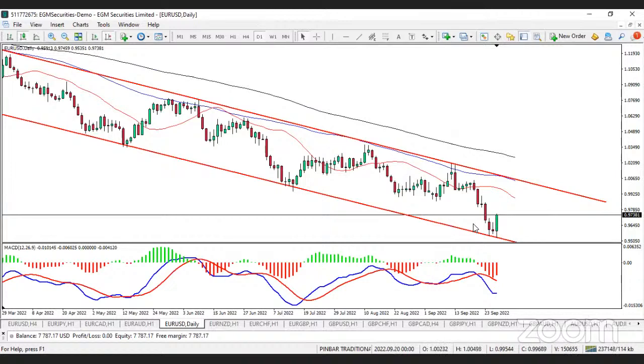So at the moment, the market is retesting the lower trend line of the down channel. In this case, the essence is to wait for the price to rise.